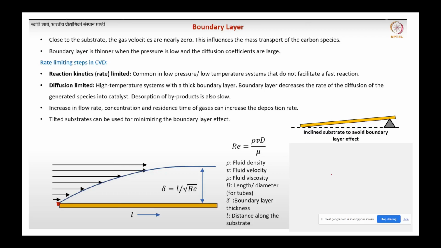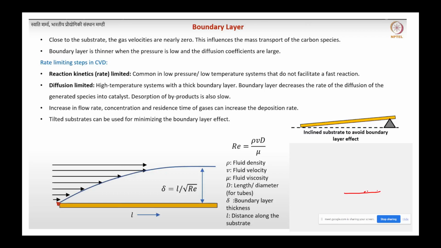Whenever you do the CVD, there is a substrate, and close to the substrate, the gas velocity is nearly zero. So let's say here is your substrate, and near to this substrate the gas velocity is nearly zero, and this influences the mass transport of the carbon species.